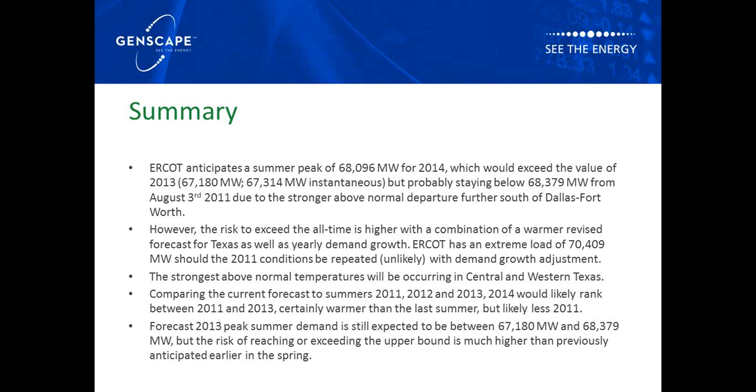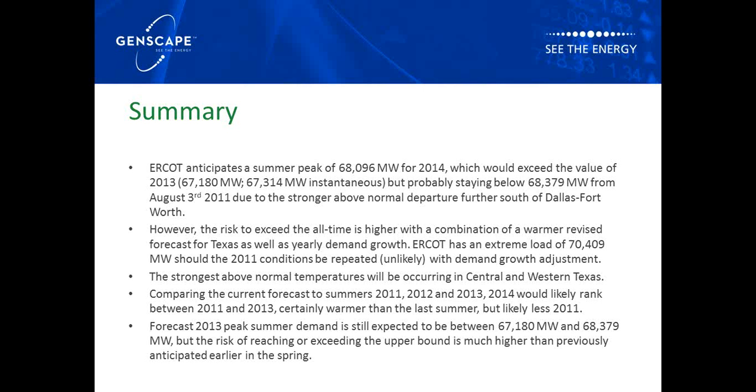However, the risk to exceed the all-time high is greater given the recent warmer forecast revisions, as well as the year-over-year demand growth. If similar conditions as those of August 3rd of 2011 were to take shape, ERCOT estimates the extreme load to be around 70.4 gigs, given the growth in demand year over year, though this is highly unlikely.